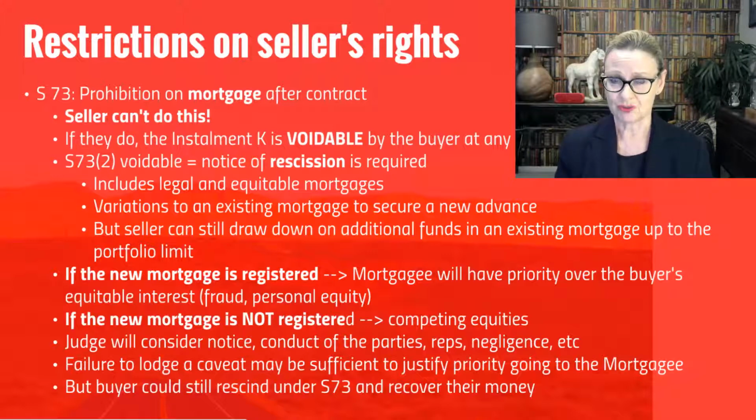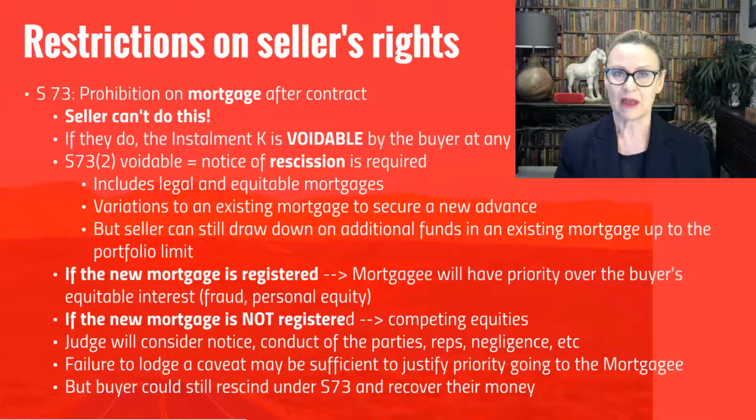If the new mortgage is not registered, then you're going to have the usual situation of competing equities, and so that's where judicial notice will be taken of things like the conduct of the parties, whether they had notice of the other party's rights. So did the subsequent buyer know that there was already an instalment contract buyer sitting out there in the wings? If so, that's going to taint their hands somewhat in this situation.